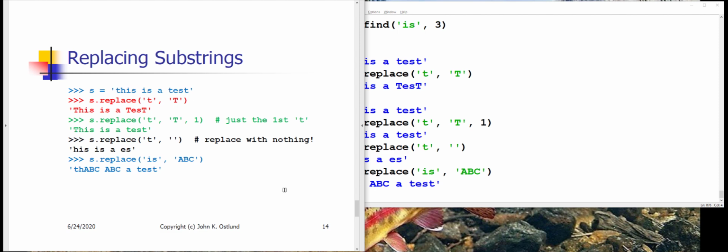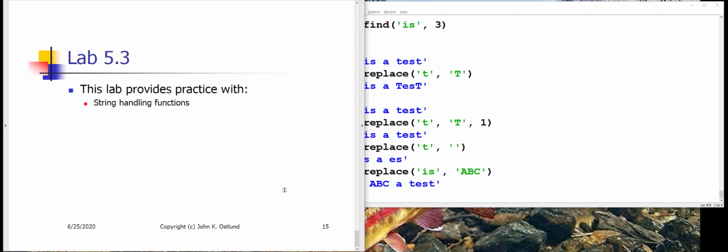We can count how many times a certain string occurs. We can also locate substrings within the string, and we can replace substrings within the string. So we have a considerable amount of capability for working with strings. All right, and this Lab 5.3 will give us some practice with these string handling methods.